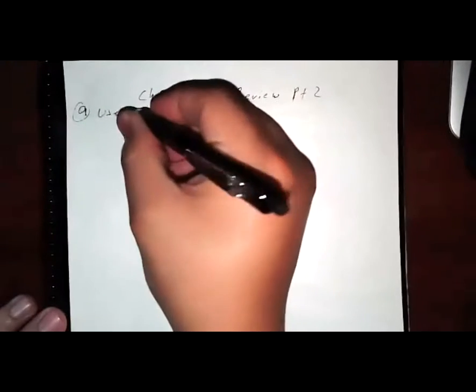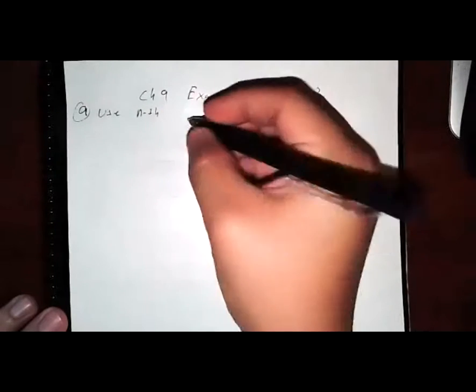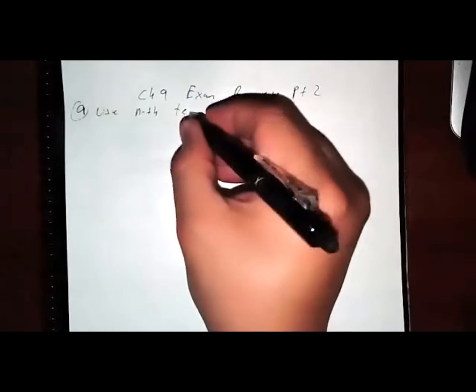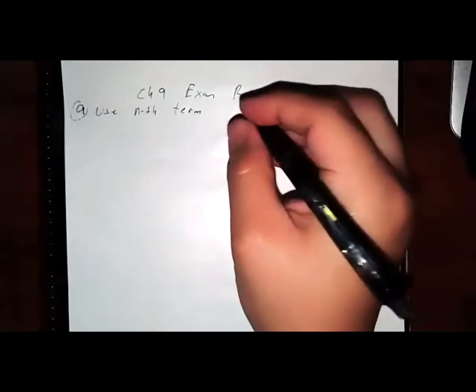Use the nth term test, which is the test you should use at the beginning of every single series question. Just check that first. But here it's telling us outright to use it.